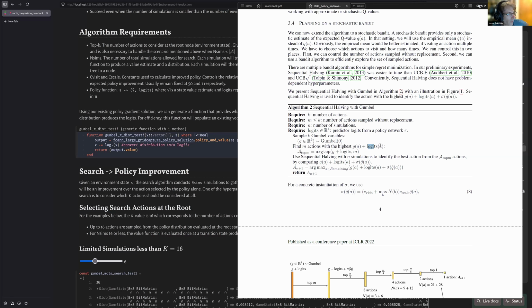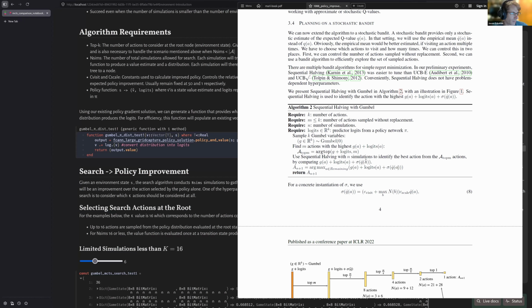So in this algorithm, after the search takes place and we have these Q values collected inside of the search tree from the simulations, this argmax at the end is effectively sampling from this new distribution. Now this is not a logit value; the sigma is hinting that we're treating this as a logit.